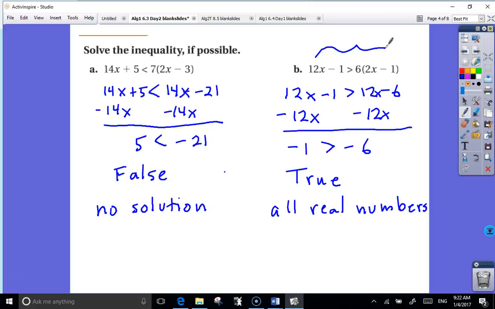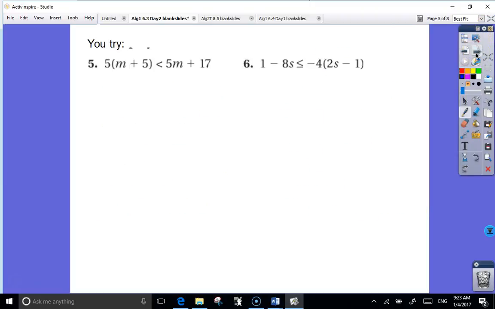What did we call that with equations? No solution and identity. Right. So there's your try-its. Let's try them both. So what was your answer on number 5? No solution. And number 6? That should have been the answers, right? So let's see.